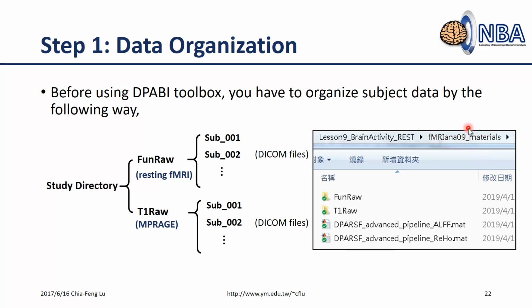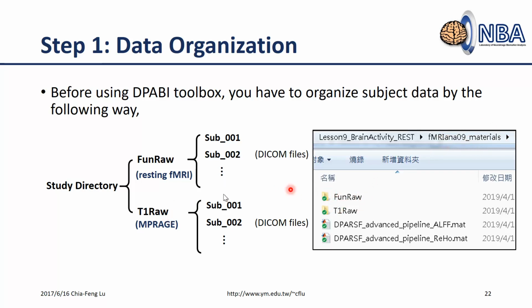Then under the study folder, you need to create two specific folders. One is named FunRaw, with uppercase F and R. You need to create identical folder names. The other one is T1Raw, with uppercase T and R. So you can see this is our study folder, and you will have two folders with these identical names.